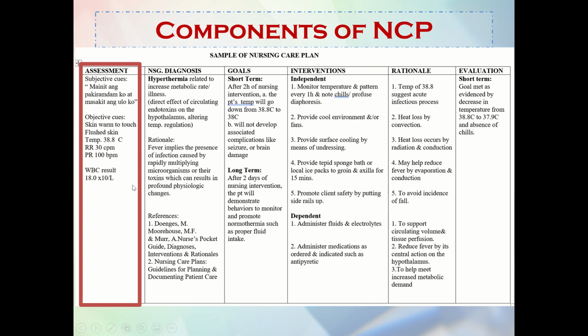Okay? So, ibig sabihin, mataas yung kanyang WBC count. So, probably baka ma-infection si pasyente natin. Okay? So, this is how you craft your assessment. You have the subjective cues and the objective cues. Subjective data and objective data.